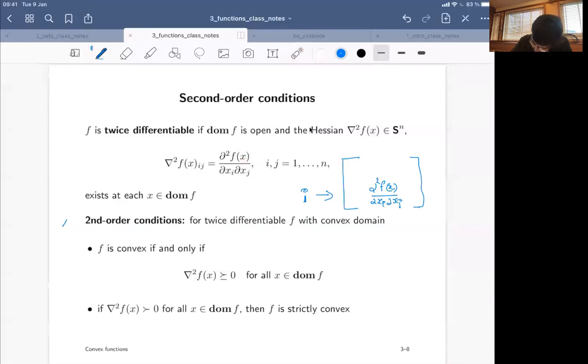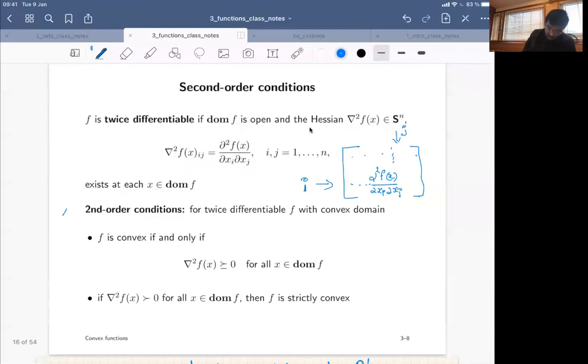This is the ith row, and this is the jth column. So that will be this entry, and like that you form all other elements. That's the Hessian matrix.